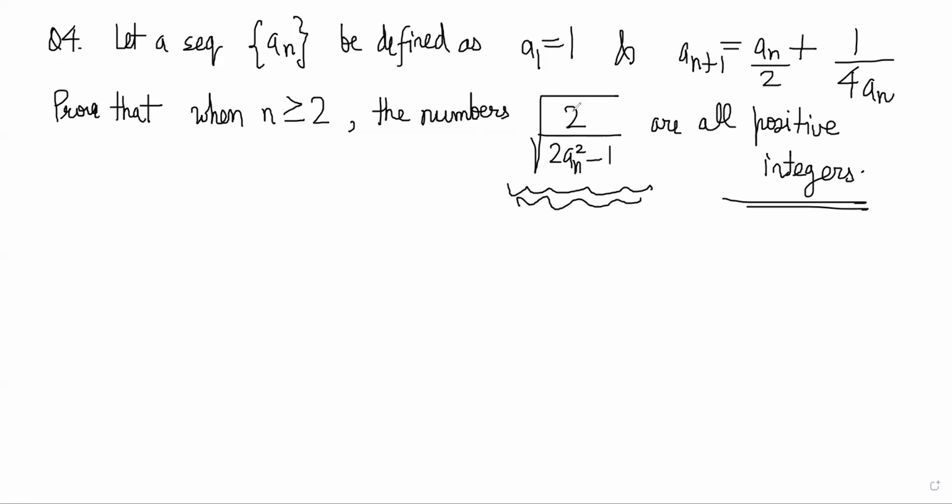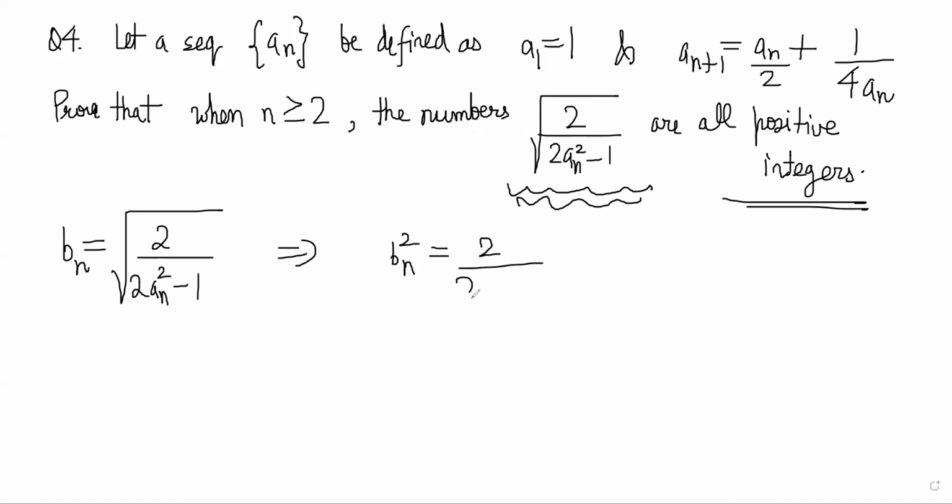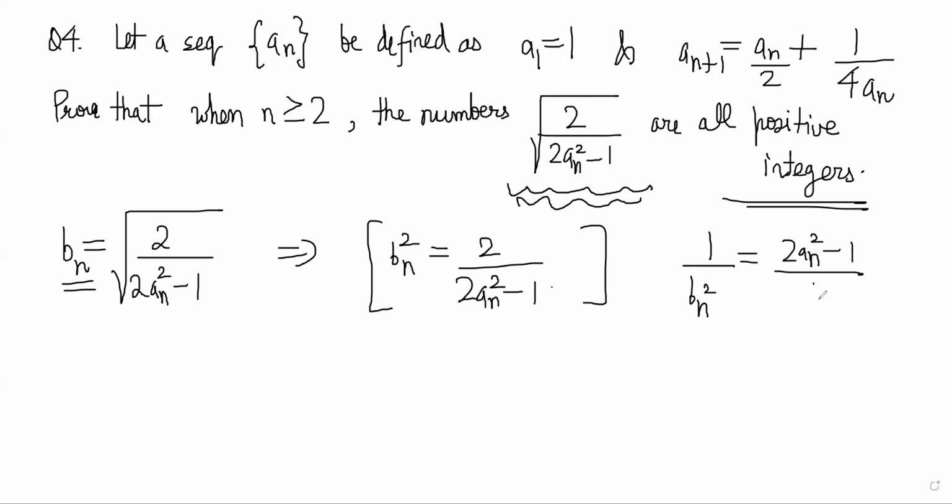And since there is a root here, it will be nice if we can assume that there is a sequence bn and bn is defined by this, right? Let's assume this as a sequence and we are substituting this. So from here we get bn square is what? 2 by 2an square minus 1. And our job is to prove that all the numbers bn for n greater than equal to 2 are positive integers, right? So if bn square is this, 1 by bn square will be equal to 2an square minus 1 by 2.